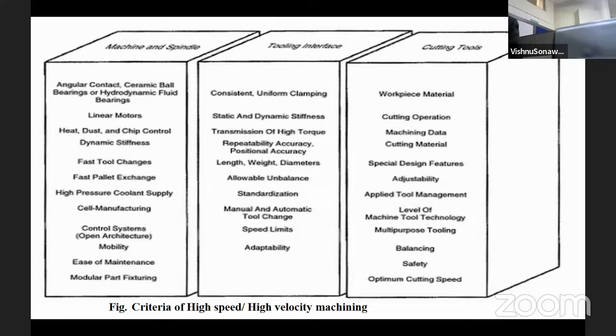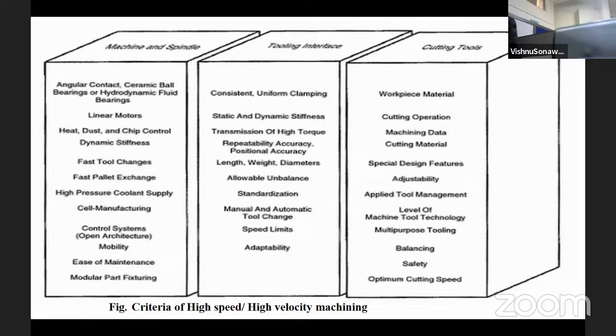Then the tooling interface, that is the interface between the cutting tool and the workpiece material. The cutting tool should be clamped uniformly, and it requires static and dynamic stiffness, right? The cutting tool also needs repeatability and positional accuracy. What is the length, the diameter, the balance condition, standardization, adaptability, and the speed limit required.